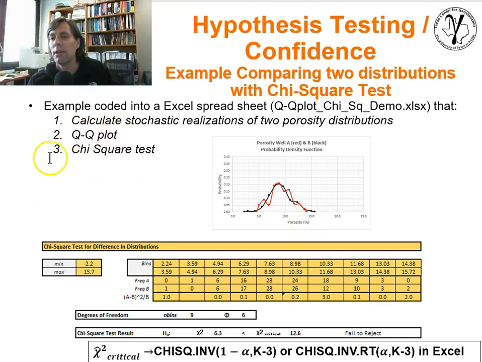It has the chi-square test where we take the data ranges, bin them into multiple bins, and look at their relative counts within each bin to calculate the chi-square statistic. We calculate the chi-square critical, and from that we determine that we fail to reject. In fact, the chi-square statistic turns out to be 6.3, the chi-square critical is 12.6, so soundly we fail to reject, and we retain the null hypothesis that the two distributions are the same as each other.